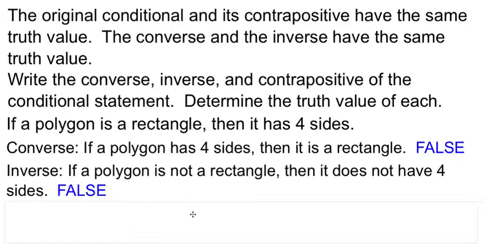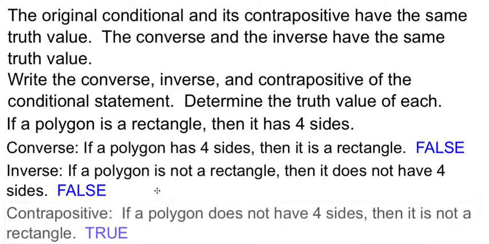And lastly, let's look at what the contrapositive would look like. That's going to be reverse the P and the Q, switch the places, and also put nots into it. So in the contrapositive, our statement would be, if a polygon does not have 4 sides, then it is not a rectangle.